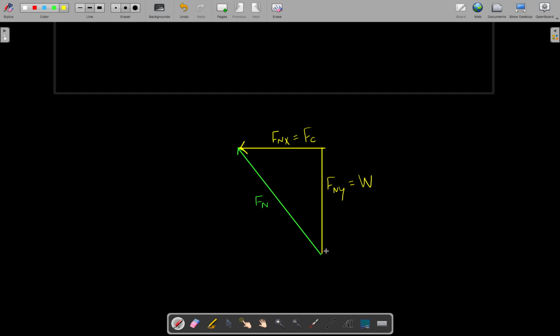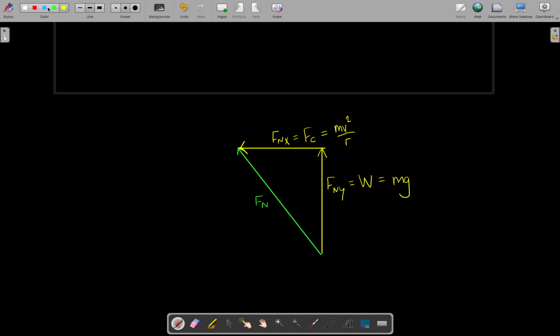Because the force normal y is going upwards and the weight's going downwards, the two are said to be equal. And your force normal y, you can also break down to mass times gravity. Going back to your force normal x, because it is your centripetal force, the centripetal force has its own equation: mv squared divided by r. So you might want to keep this in mind.